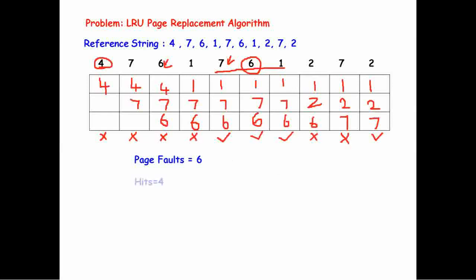Hit ratio is equal to total number of hits divided by hits plus misses. So this is equal to 4 divided by 10, which is equal to 0.4. Suppose we need to find the miss ratio, it is equal to 1 minus hit ratio, which is 0.6. So this is the way to solve the given problem using the least recently used algorithm.